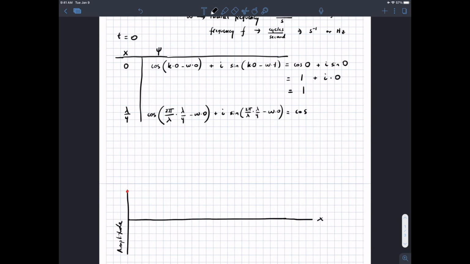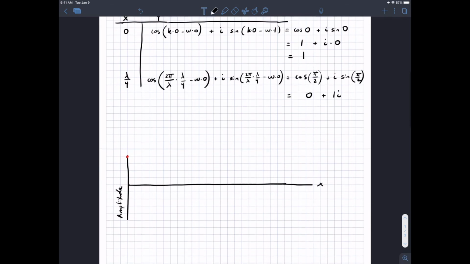That's equal to the cosine of pi halves plus i times sine of pi halves. All right, that's 90 degrees. What's the cosine of 90 degrees? Okay, the cosine of 90 degrees is 0. What's the sine of 90 degrees? The sine of 90 degrees is 1.